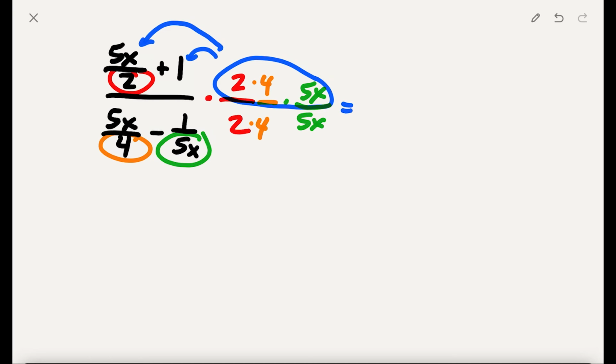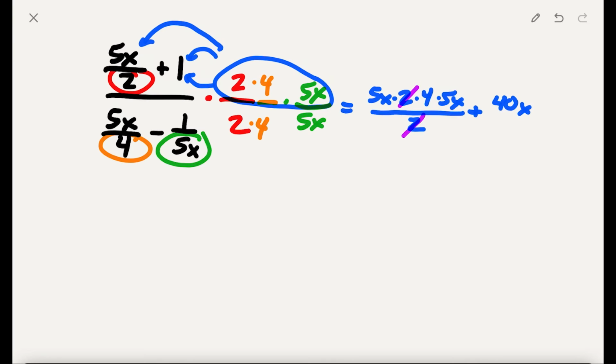So then you're going to end up with 5x times 2 times 4 times 5x divided by 2, plus, we're going to multiply this by 1 here because we have to distribute to this 1. And you're going to have 40x, because 2 times 4 is 8 times 5 is 40. Okay. Now what's cool about this is this fraction goes away because the 2 over 2 cancels.